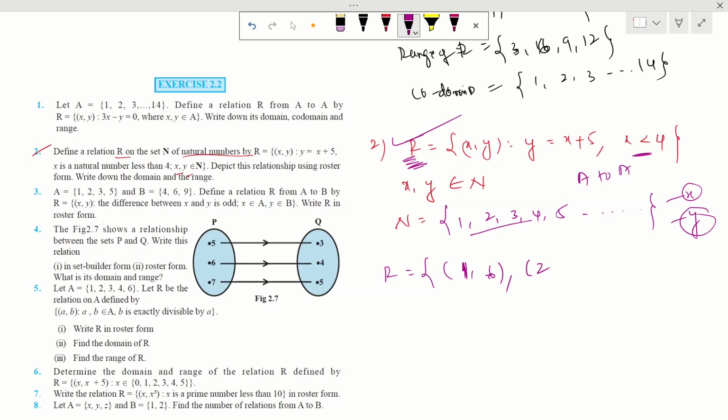When we put 2, 2 plus 5 is 7. When we put 3, 3 plus 5 is 8. This is the pair we get.